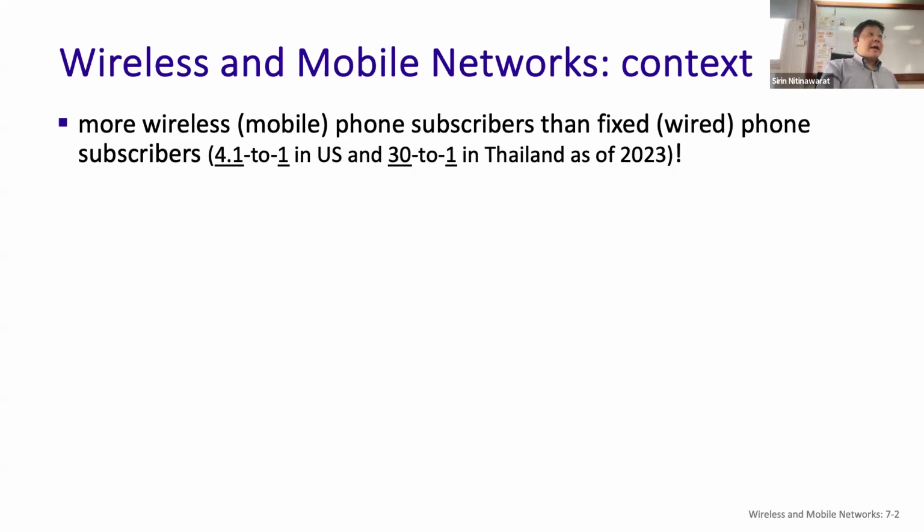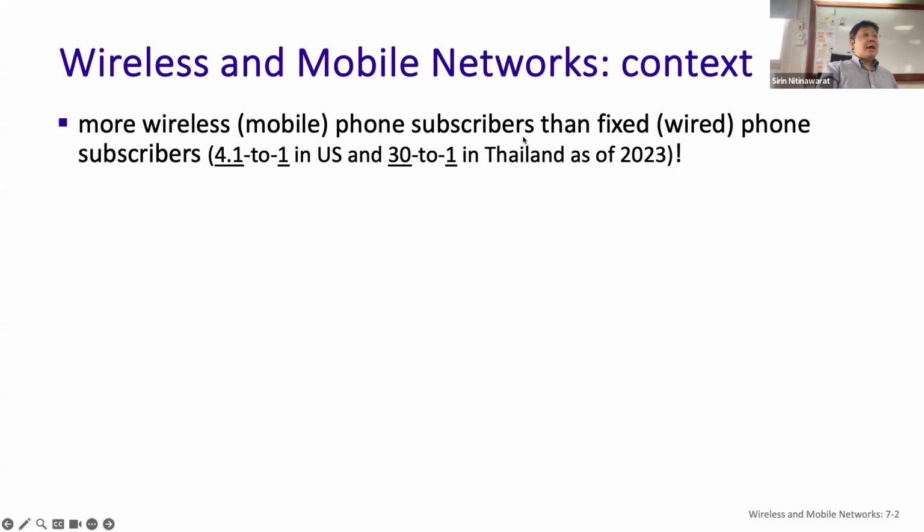The networks are getting better and better, and now the capacity of the wireless network is good enough for most applications. So that's why you see a lot of adoption for wireless networks.